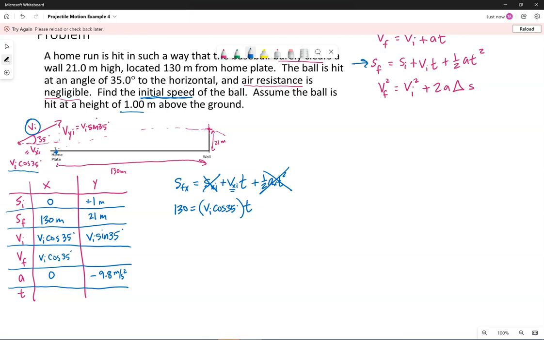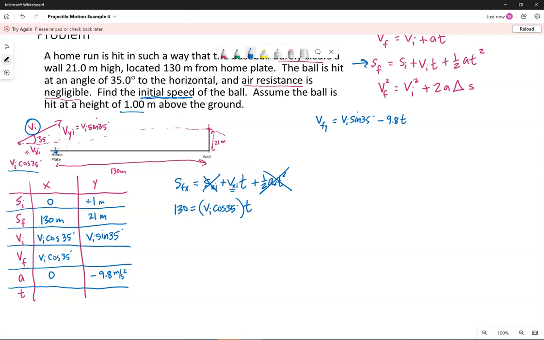The top kinematic equation, v final in the y direction, would be the initial velocity sine 35, the y component of the velocity, plus acceleration, 9.8, and then time. So here we actually have three unknowns. We don't know Vy final, we don't know V initial, we don't know time.